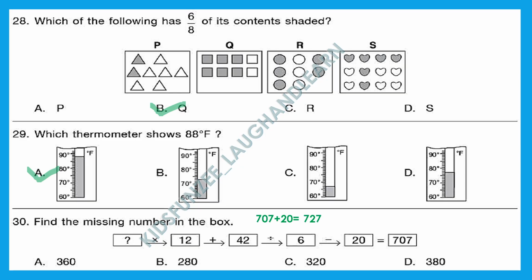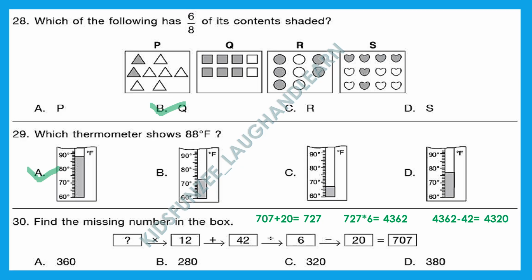Now what is left at the left side of the equation? The next one is divide by 6. So divide will become multiply. 727 multiplied by 6 equal to 4362. Now what is left there? In the left side it is plus 42. We will also take this to the right side. So it will become minus 42.